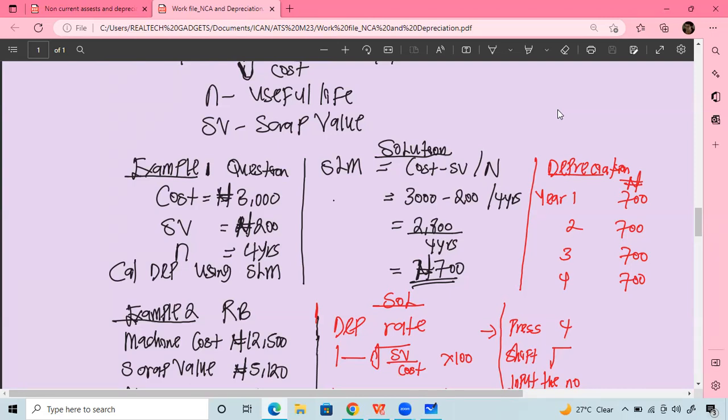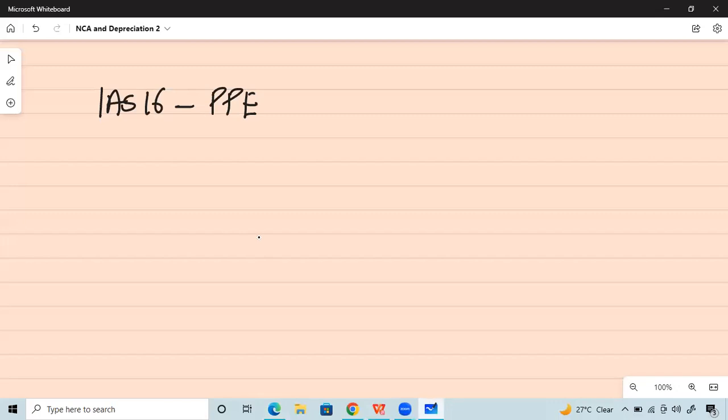Once you calculate the depreciation, regardless of the method that you are using, what is the bookkeeping entry? What are the relevant ledgers that you need to open? That is what we are talking about in the bookkeeping entries.